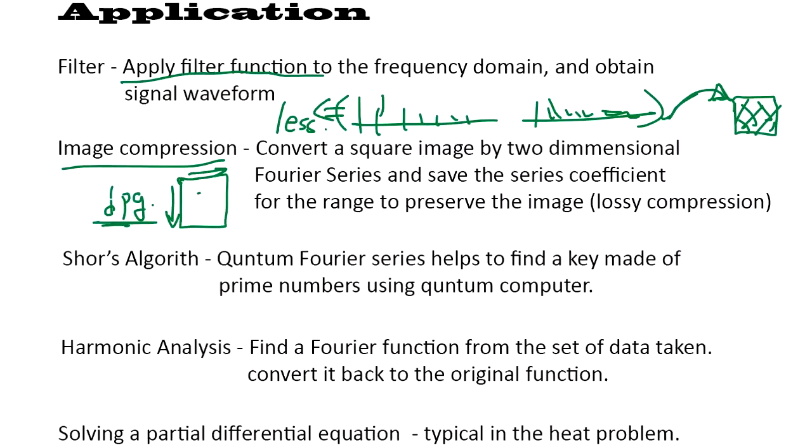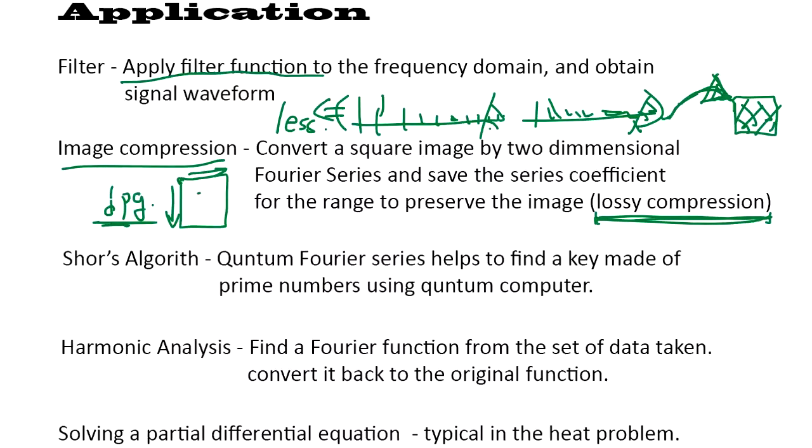But you cannot save an infinite amount of discrete values. You have to chop off somewhere. So when you recover the image, you lose some accuracy slightly. So it's called lossy compression. It's not 100% recoverable. You lose some.